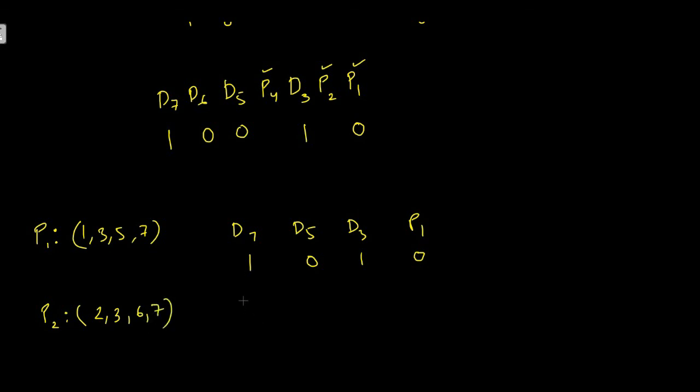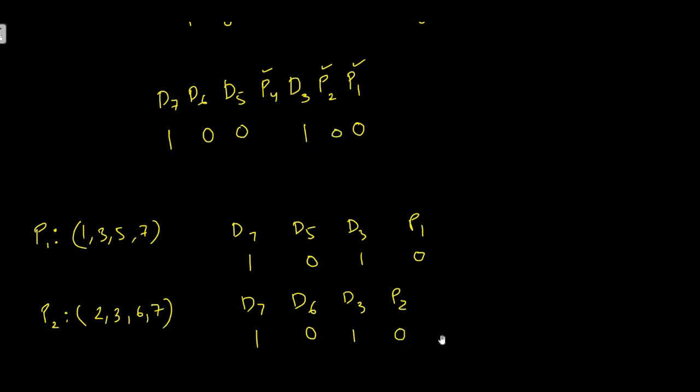So here D7, D6, D3 and P2. D7 is 1, D6 is 0, D3 is 1, so the total number of ones is 2, which is even, so we must write P2 equal to 0. So P2 is 0.